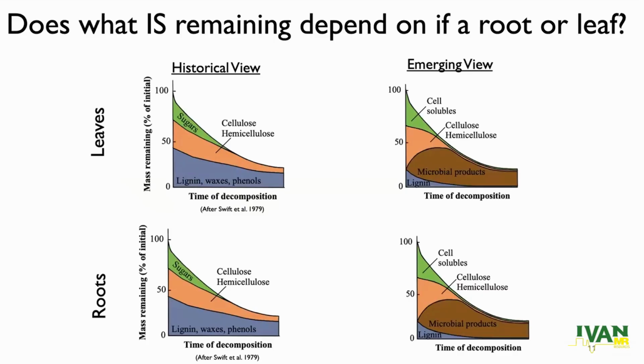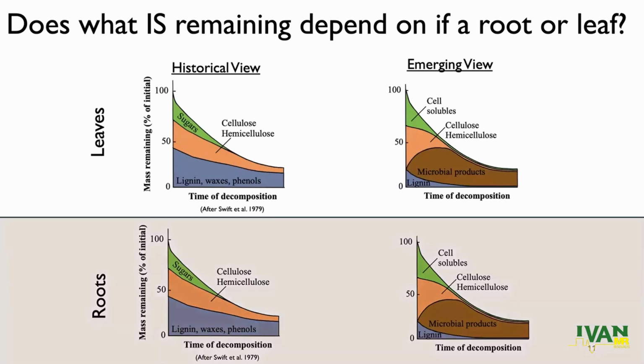Okay, so along with that, does what remains in that leaf or root litter depend on if it's a root or a leaf? Some of the literature suggests that yes, it does. And this is to remind me to tell you that the leaves were decomposed on the surface and the roots were decomposed in litter bags below the surface.